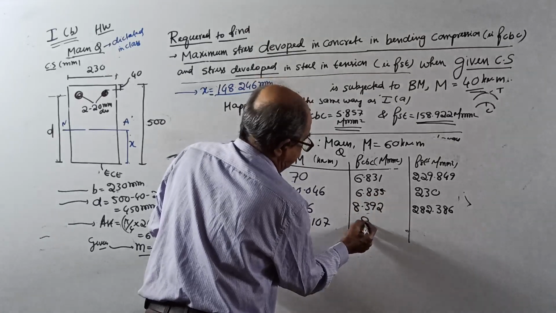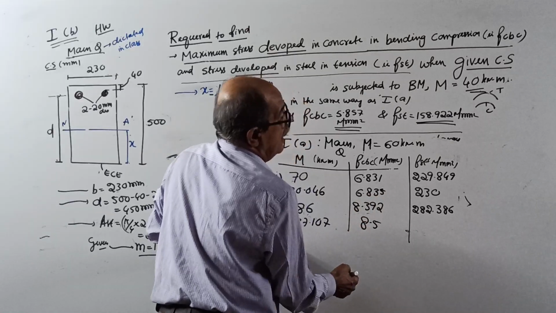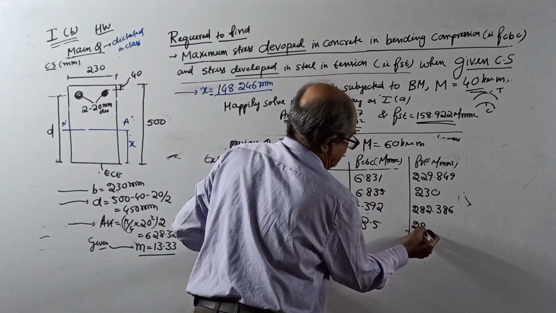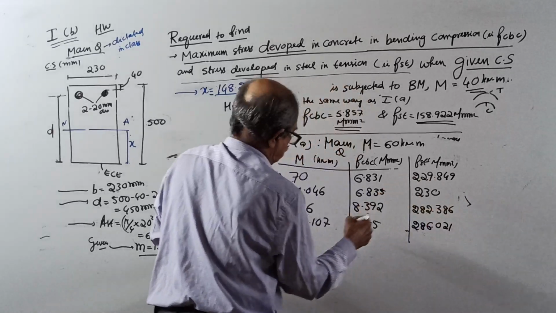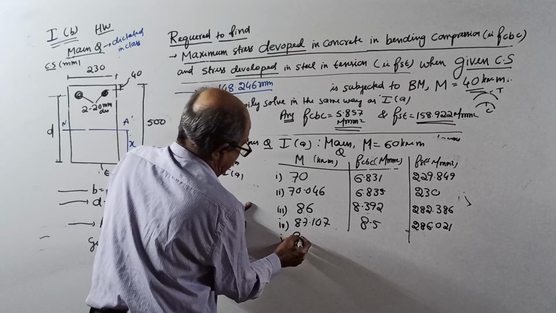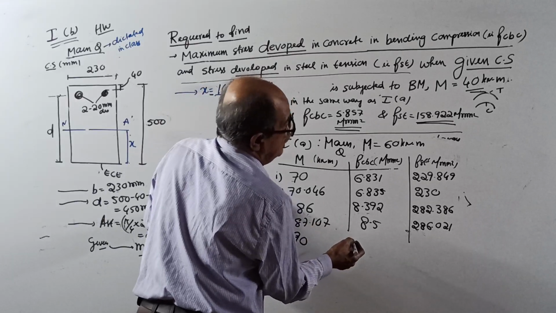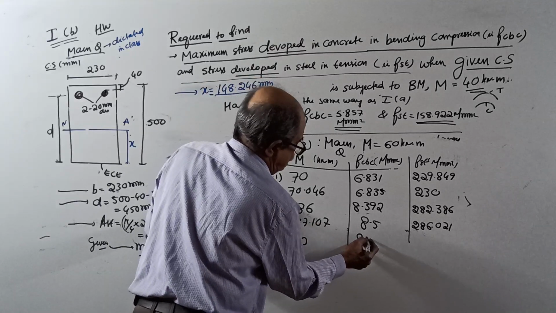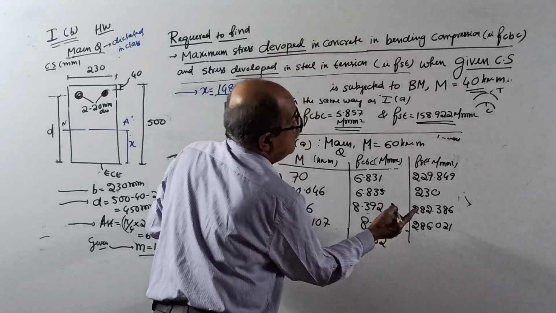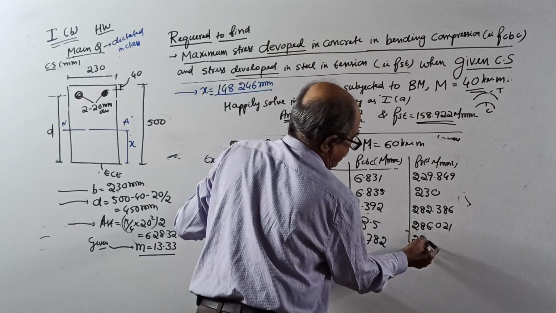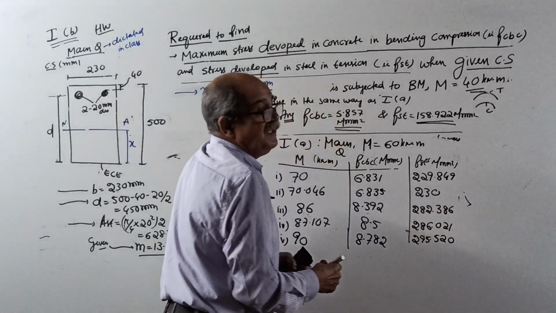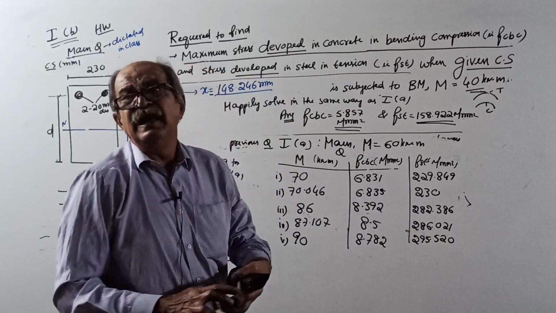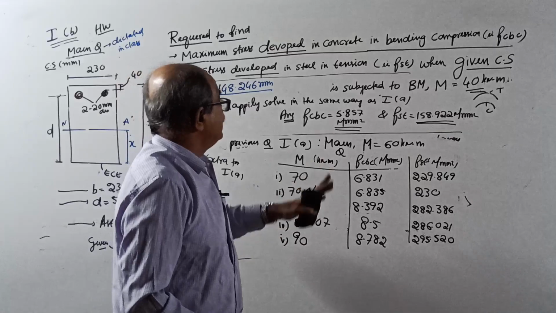For that, 8.5, important, and 286 point... I am not good at copying also. Last one, 90. For 90, 8.782 and 295.520. Do one thing: if the last time was given the same way, solve that one or correct it.